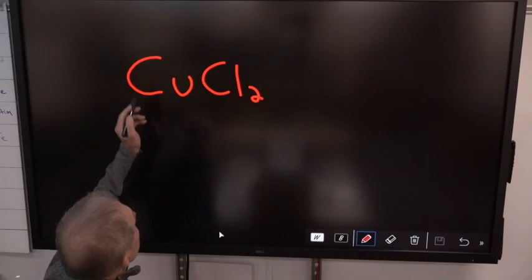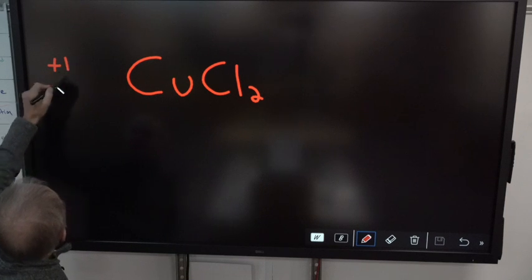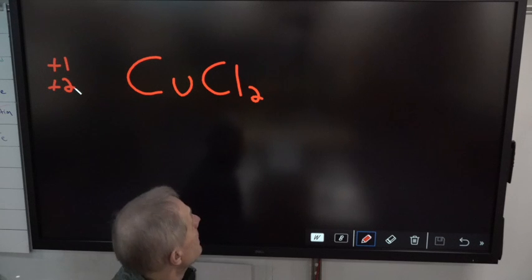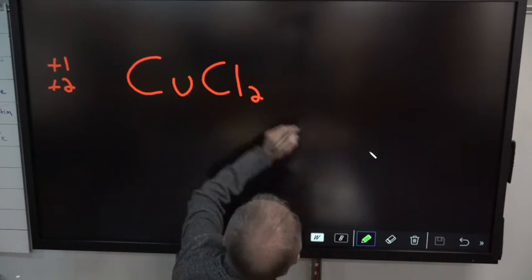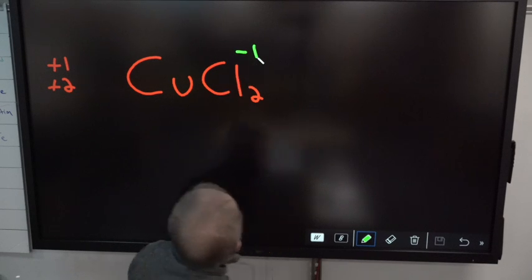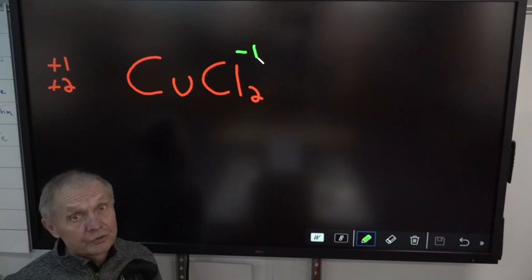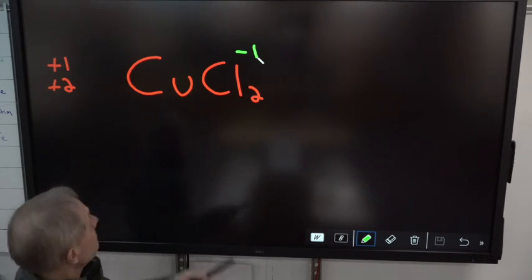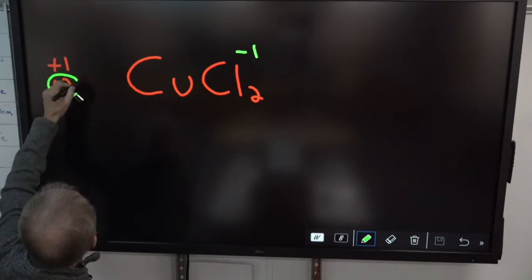We know copper can be a +1 or a +2. We have to figure out which one is being used. Chlorine is a -1, and there are 2 chlorines. If there are 2 chlorines with a -1 each, copper must be a +2.